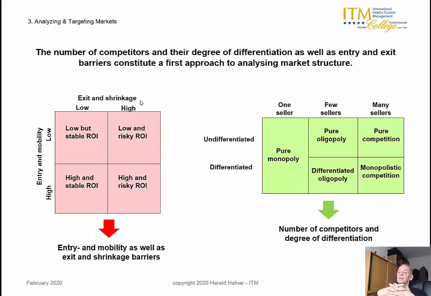If you don't get a license, if you don't get a patent to operate in a market, then this is considered an entry barrier. The scarcity of locations, for example, central locations are scarce and therefore highly demanded, and also those represent an entry barrier.